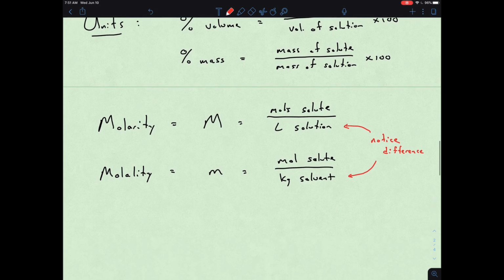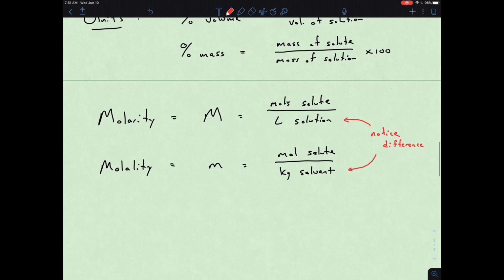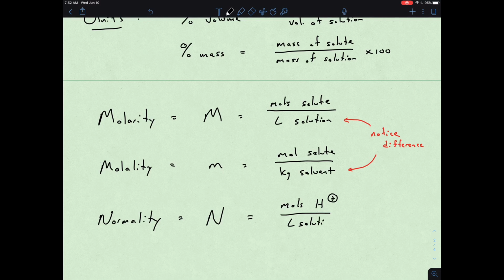Some ones that we won't utilize too much, if at all, but just so that we're aware of them. One is known as normality, and no, it's not how normal you are, but it's one that we tend to see a little bit more in bio, which is specific to acids and bases, where we have moles of protons per liter of solution.